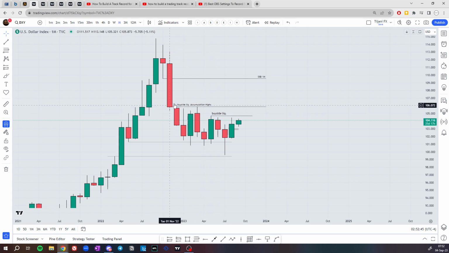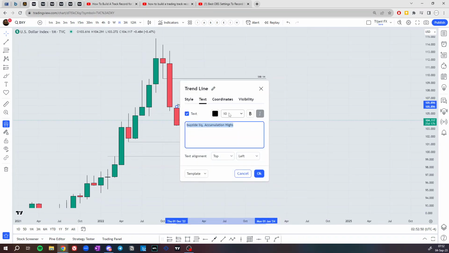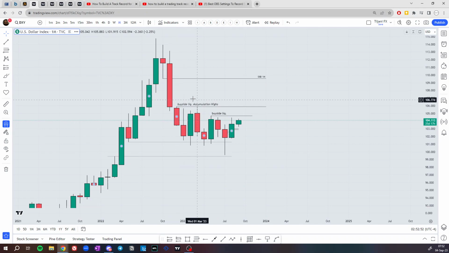Then these equal highs, the buy side liquidity at the accumulation highs, filling the monthly CB. Price is reacting from the monthly BC to the monthly CB.